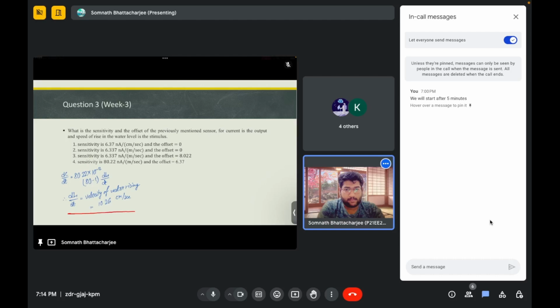Can anyone determine the value of the sensitivity? So what is sensitivity? What is the definition of sensitivity? Change in something by changing something. So what are those things? Let's take a minute, if you guys can solve it.